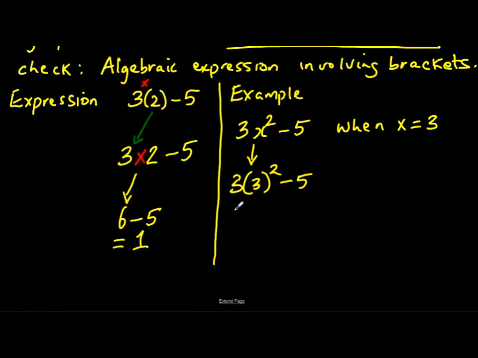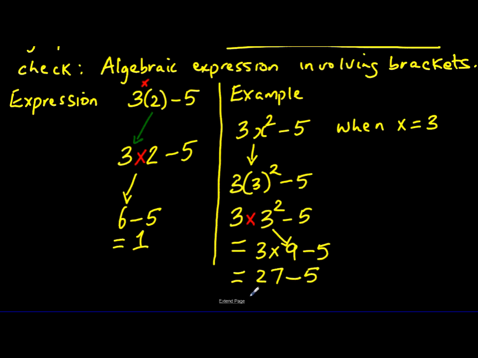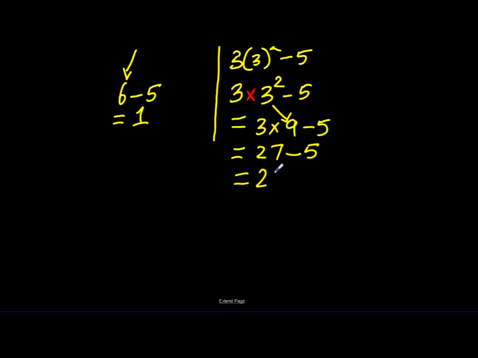So this is the same as saying 3 times 3 squared, because there is an invisible multiplication sign between the number and the bracket, minus 5. Which gives us 3 squared, which is 9. So we have 3 times 9 minus 5, which is equal to, well, 3 times 9 is 27. So we have 27 minus 5, which gives us 22.